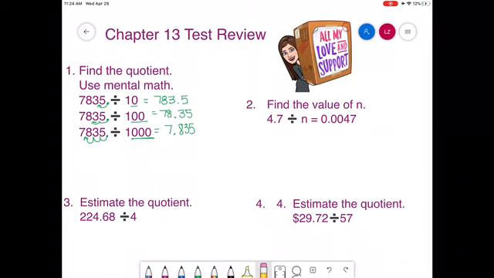You need to figure out what you can divide 4.7 by so that you end up with 0.0047. Go ahead and pause and see if you can look at this one. It's a little tricky, and figure out what n could be that you could divide it by to get this answer. Go ahead and pause.